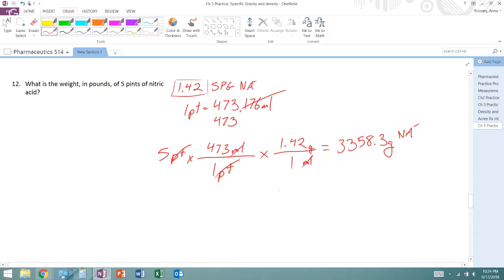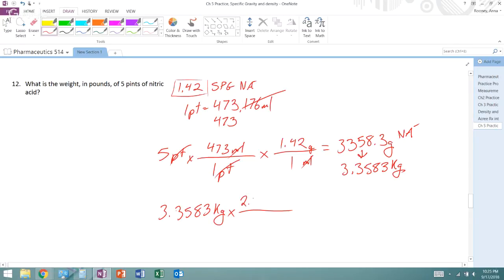So we're going to convert this to kilograms, which is 3.3583 kilograms, and for every kilogram, there are 2.2 pounds.